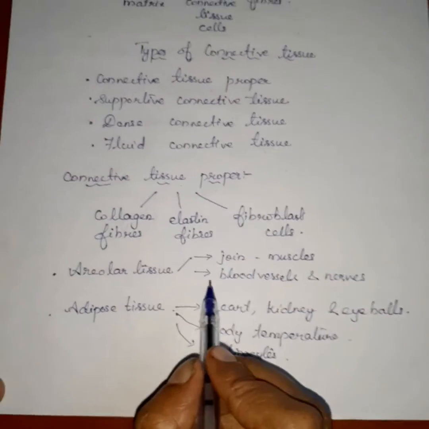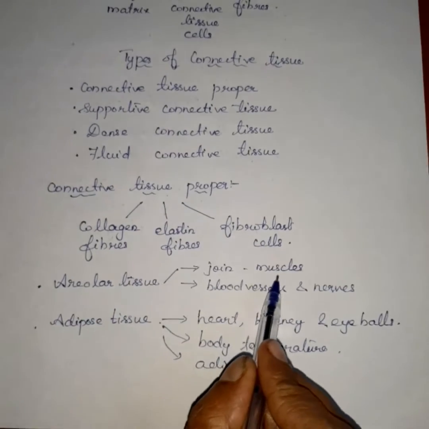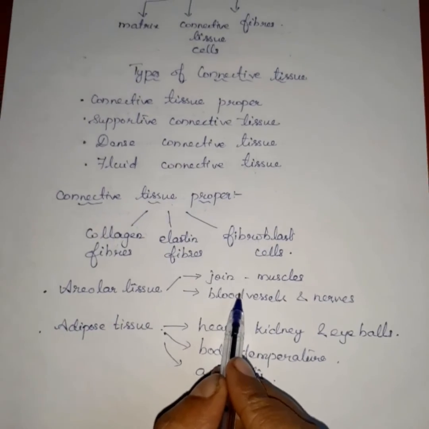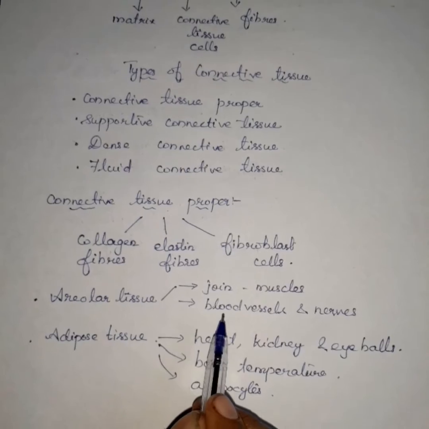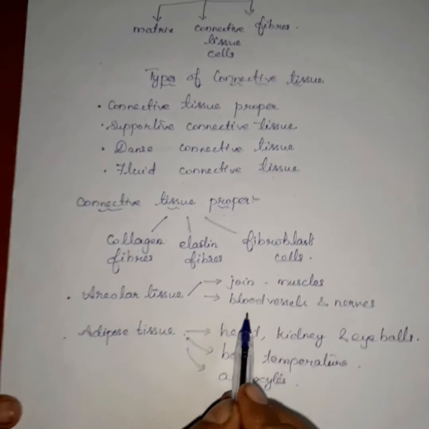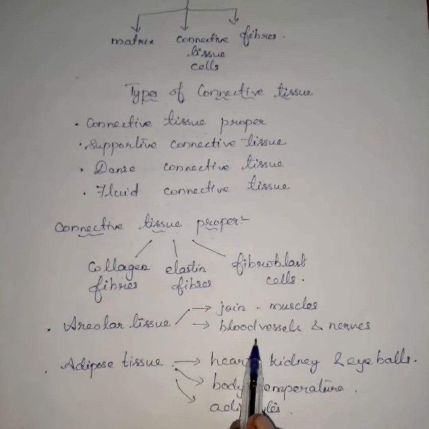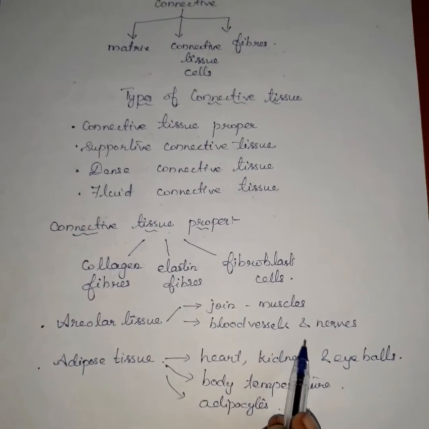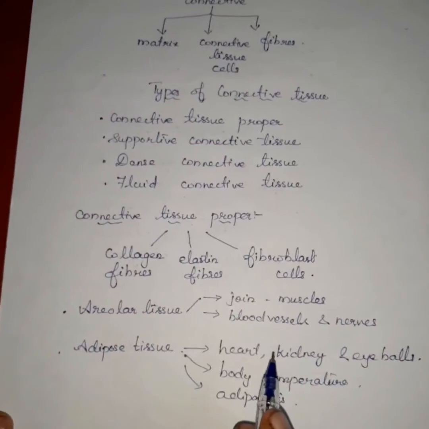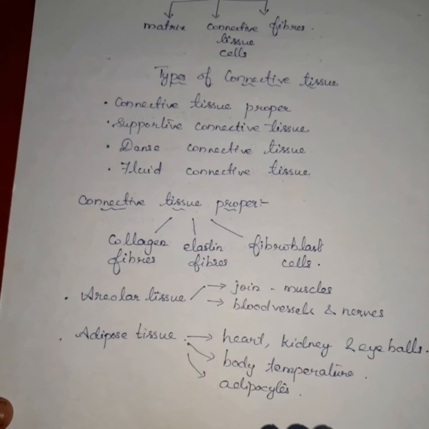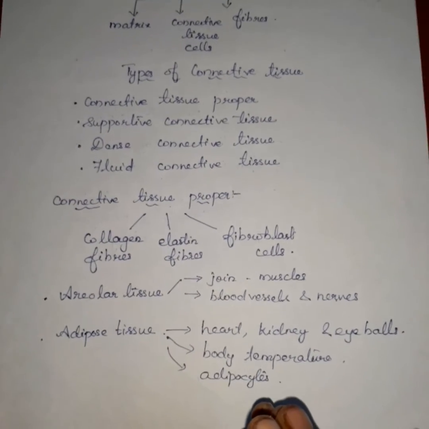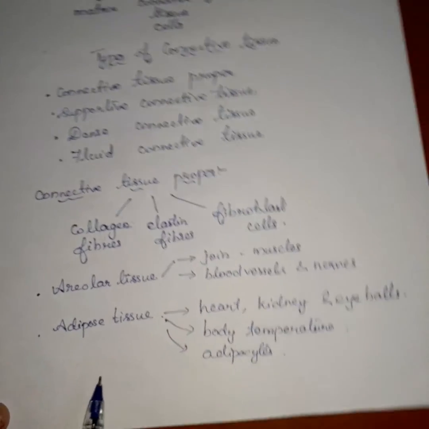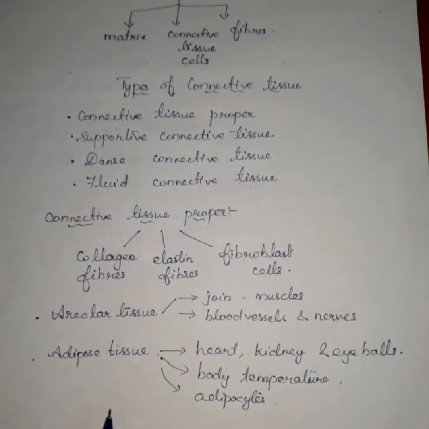Areolar tissue joins skin to muscles and fills space inside the organs. It is found around the muscles, blood vessels and nerves, and it helps in the repair of tissue after injury. Next one is adipose tissue.